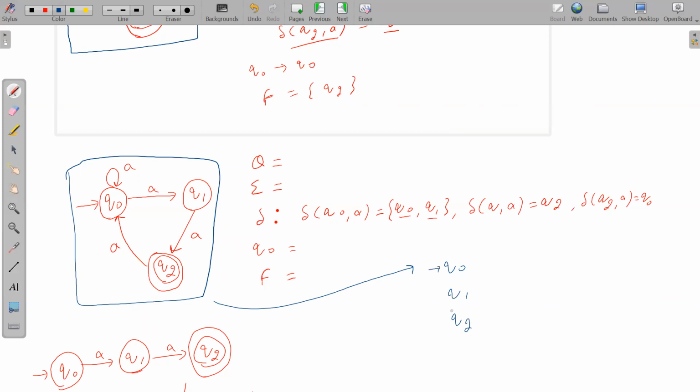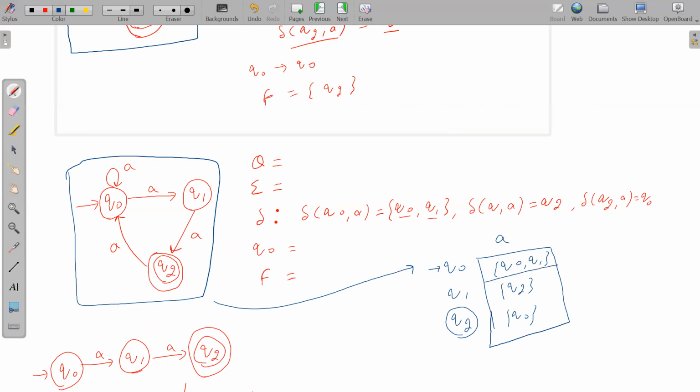Q naught will be our initial state, q2 will be our final state, and input is a only. Q naught on a will be q naught comma q1, q1 on a will be q2, and q2 on a will be q naught. See carefully, I am writing it in set format.